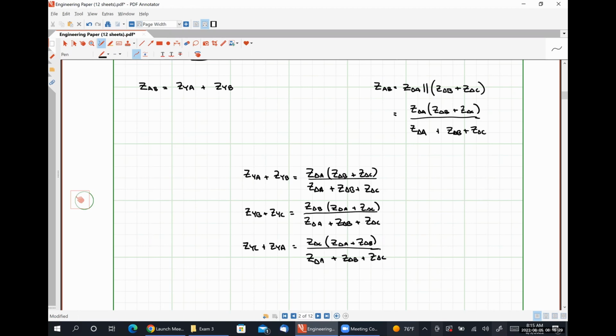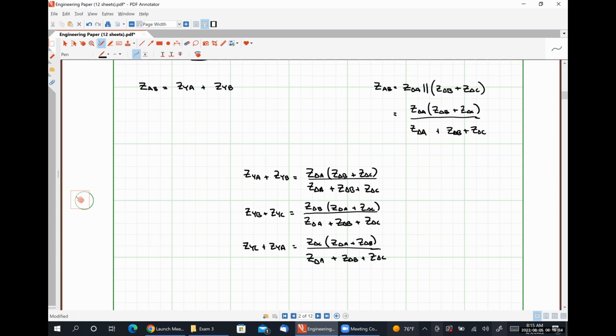So we have a system here. And this system can be thought of as a 3-equation, 3 unknown system in 2 ways. If we know what impedances ZYA, ZYB, and ZYC are, we can solve for impedances Z delta A, Z delta B, and Z delta C using these 3 equations.